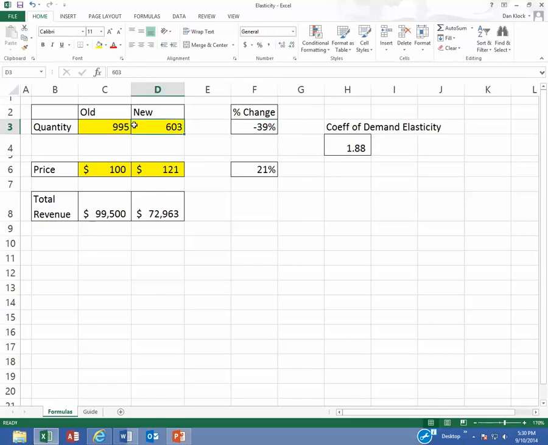So just have these formulas correct. I don't really care what the numbers are in the yellow when you save this file, but I just want to see your formulas are correct. It's easy for me to look at these spreadsheets and see if they're correct. I just go here in the coefficients of demand and double click and see if I got the right formula.